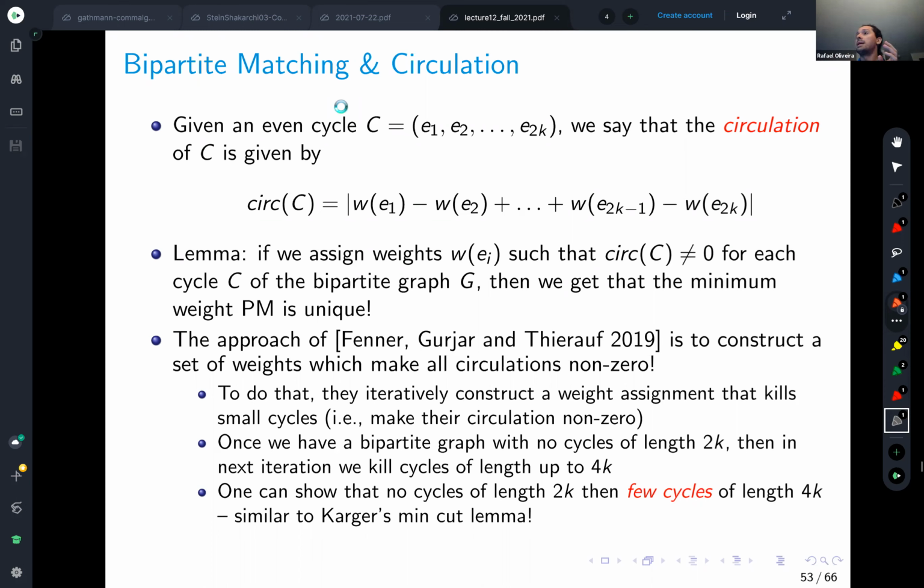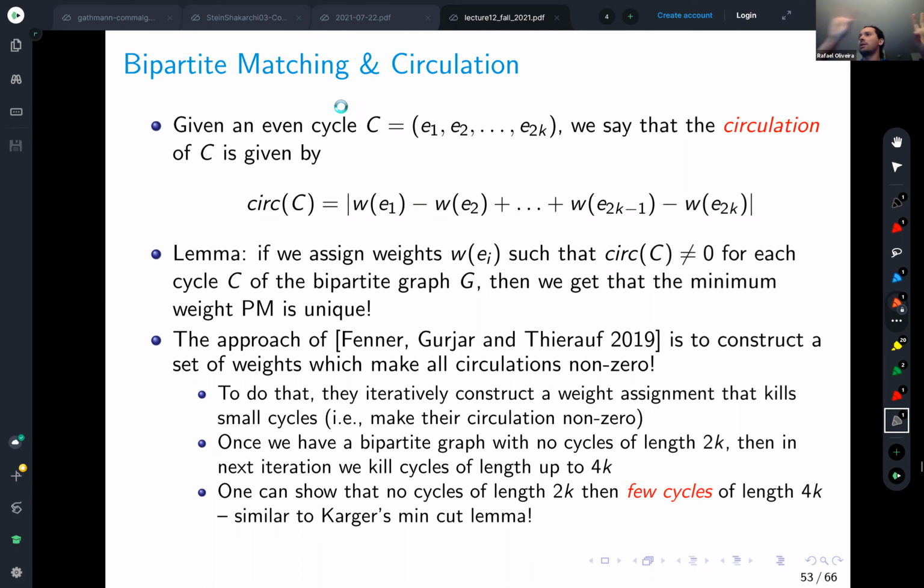But this new graph that we're going to study, but we don't know how to construct, is a graph that does not have small cycles anymore, because the weight assignment we assign to our graph already handled the small cycles.